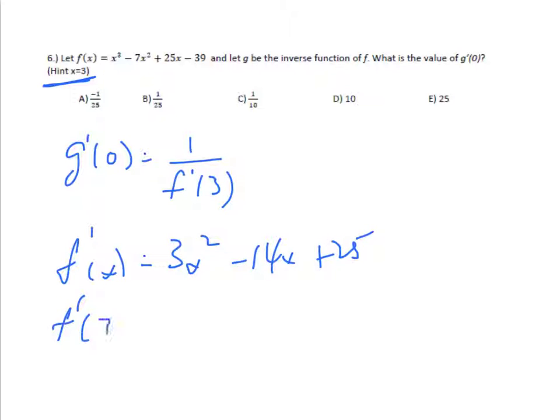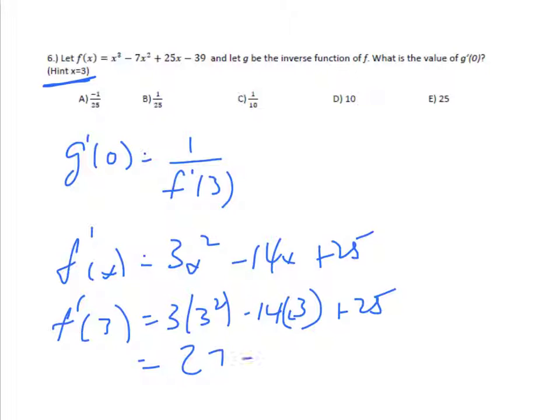We want f prime at 3, so that gives us 3 times 3 squared minus 14 times 3 plus 25. And 27 minus 42, sorry, plus 25. And that's going to give us 10. So this is 1 over 10.